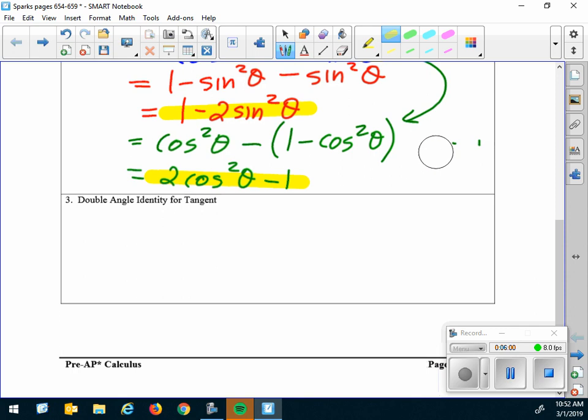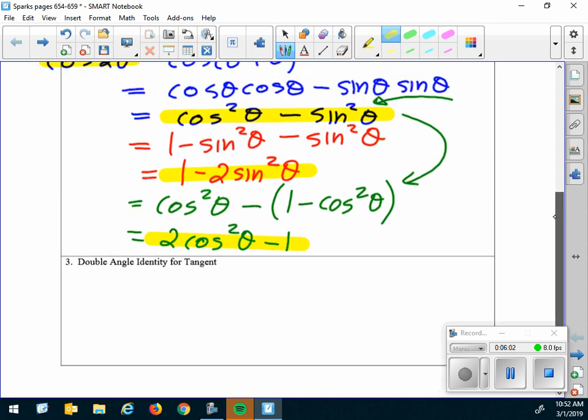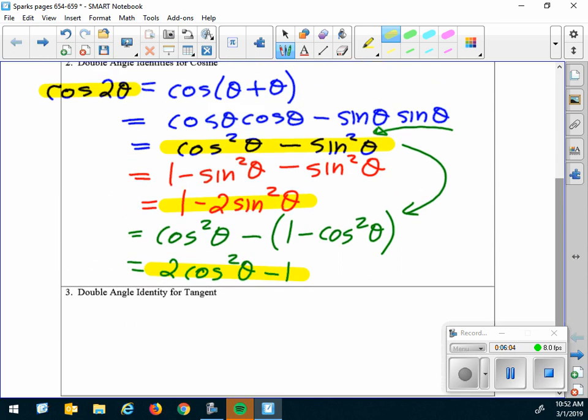Those, ladies and gentlemen, are the 3 different formulas that you could use for cosine 2 theta. And you say, well, fiddle, why do I need 3? Well, because sometimes only one of these is going to help you in your work. We'll get to that in a little bit.